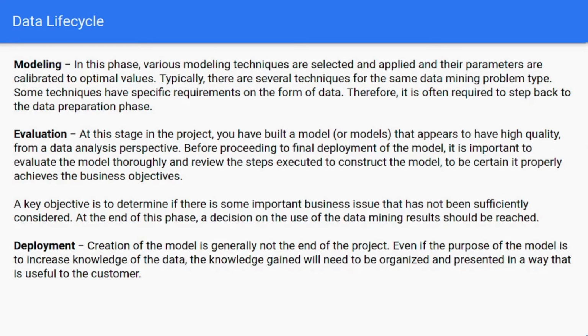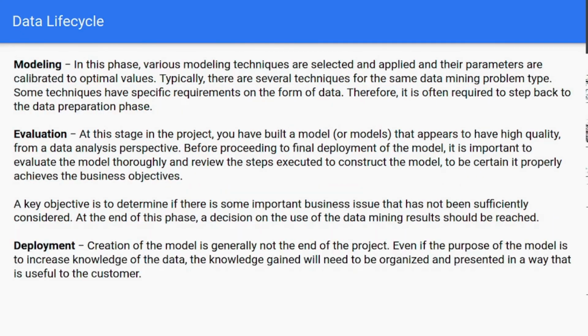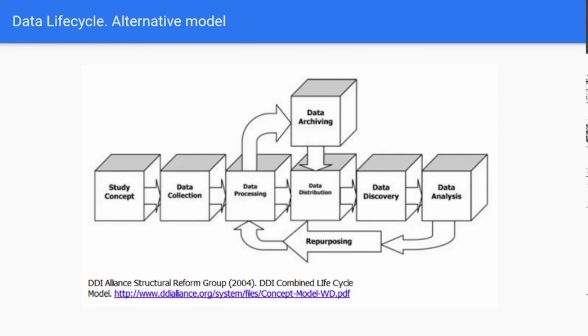this was one of the comprehensive data lifecycles that I found. Some other perspectives study the, so this is from another alternative model of the same data lifecycle. In its essence it is the same, right? It studies the concept, data collection, data processing, data distribution, data discovery, data analysis, which may again go back to repurposing, and then this is a cycle.